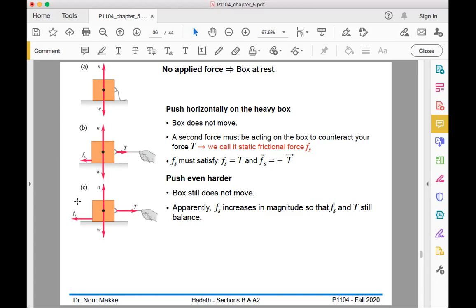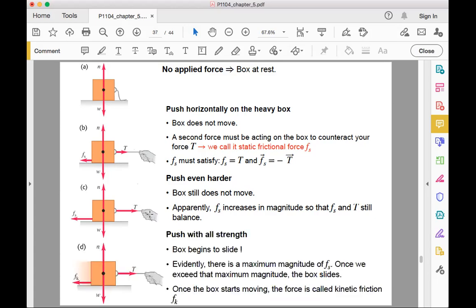So we can conclude that this frictional force that we have introduced in step number 2, which is opposite in direction of the tension, increases in magnitude such that Fs and T still balance each other and the box is still not moving.